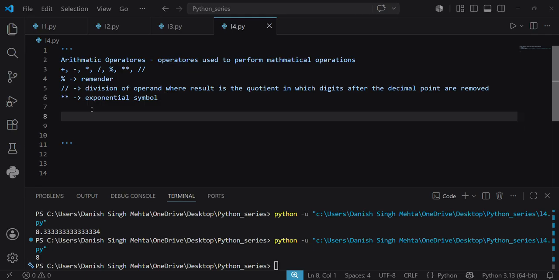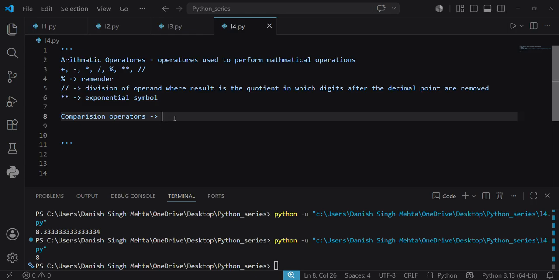Now we move towards comparison operators. Now what are comparison operators?